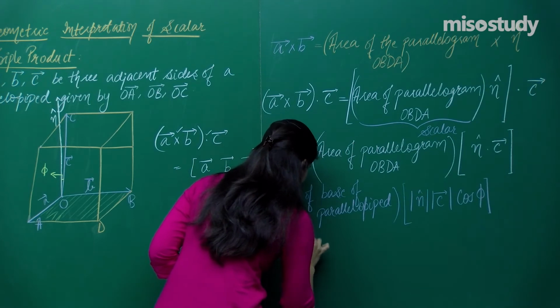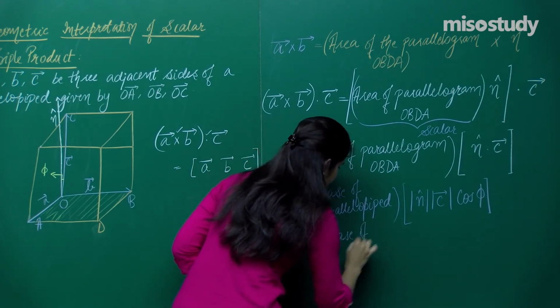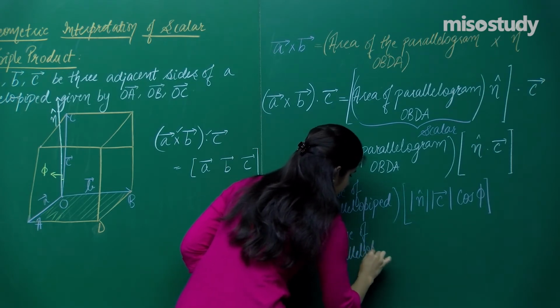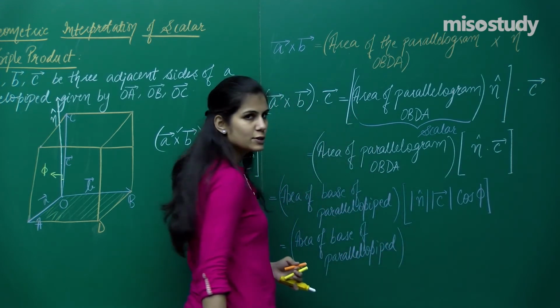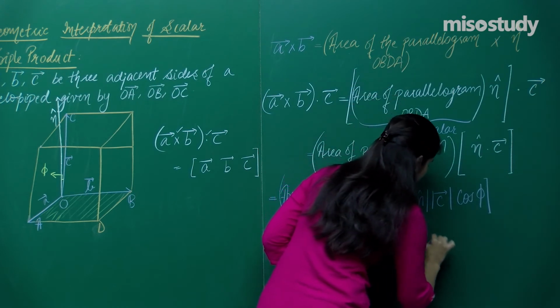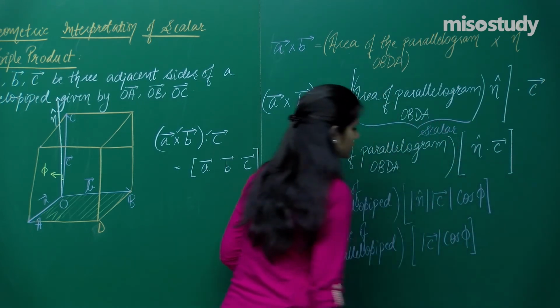So you get again area of base of parallelopiped, and here you have this as 1, so you have mod of C vector cos phi.